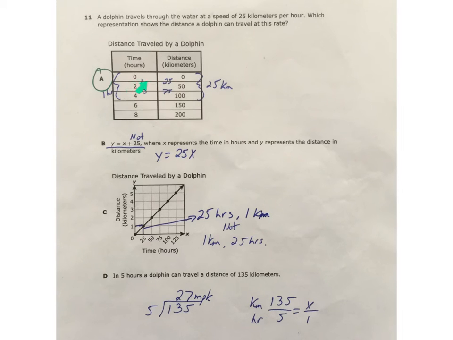All right, number 11, it is 25 kilometers per hour, because when you fill it in, 1 hour and then between 0 and 50 is a 25. So your pattern is 25 here and is increasing by 1. So that is 25. This one is not, because this is what you multiply. So this is 25x, not 25 plus x. This one is increasing for 25 hours and 1 kilometer.